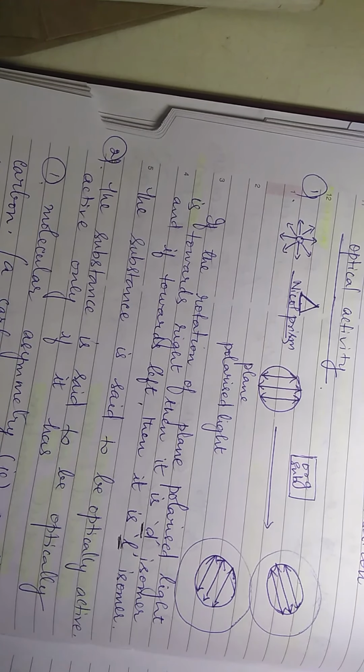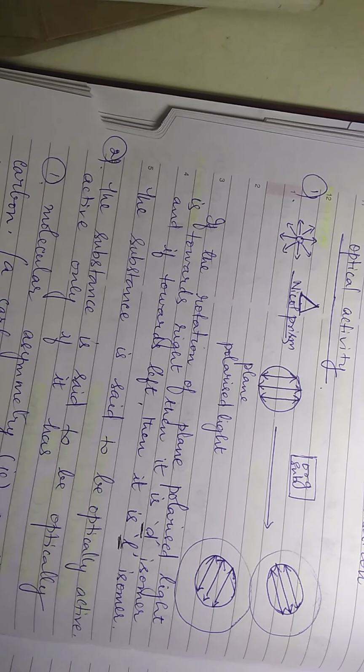Now in order to show this optical activity at the molecular level also, there have to be certain conditions. Now what are these conditions? The molecule should possess molecular asymmetry. What does it mean? It means that the molecule should have a chiral carbon.